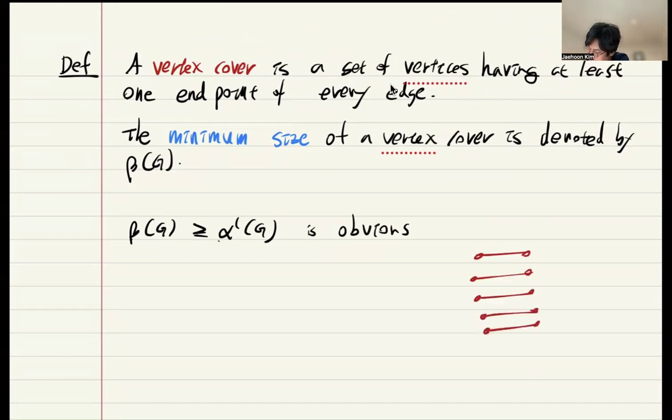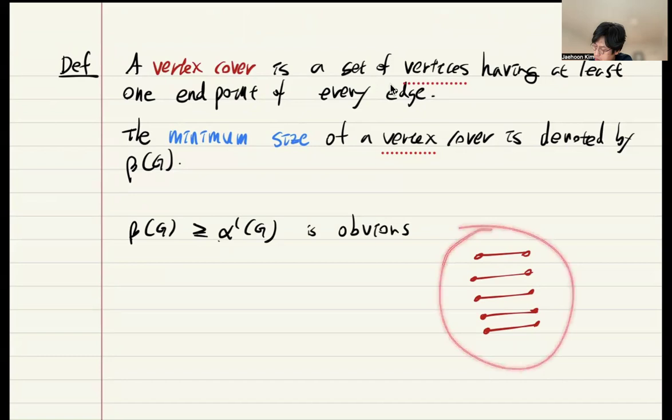No matter which vertex cover you take, your vertex cover has to be incident with every edge of G. That means it also has to be incident with every edge in any matching.